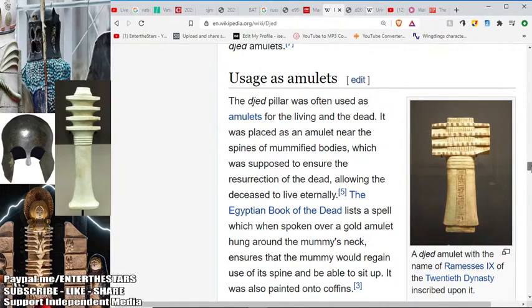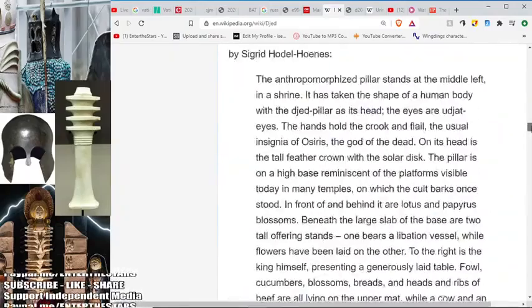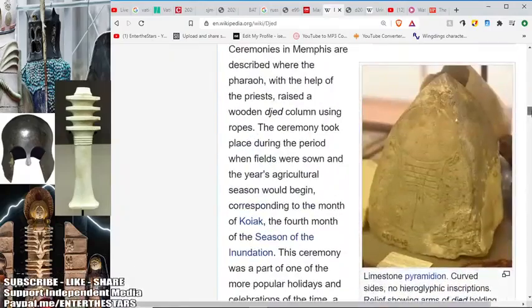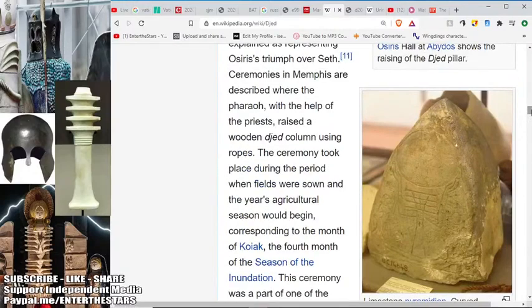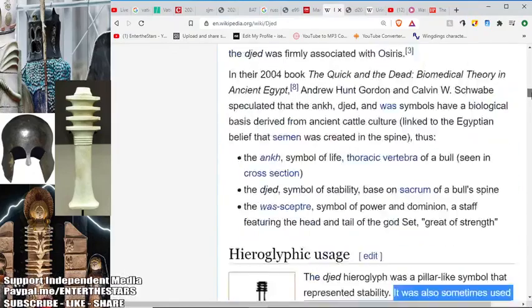Let's look at some other pictures of the DJED here. As you can see, it looks very otherworldly. It's got horizontal bars going across vertical bars.